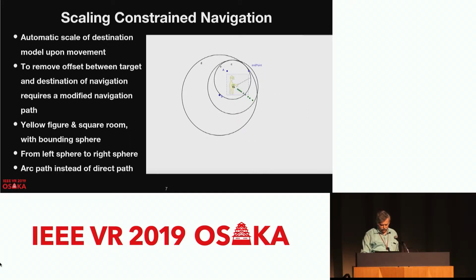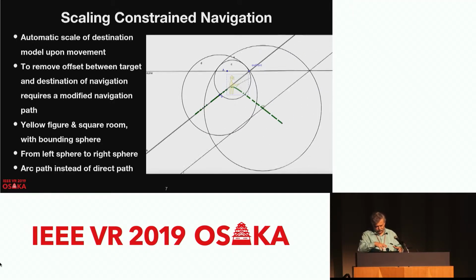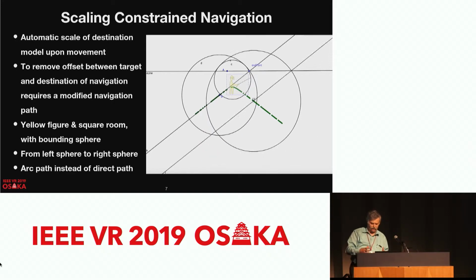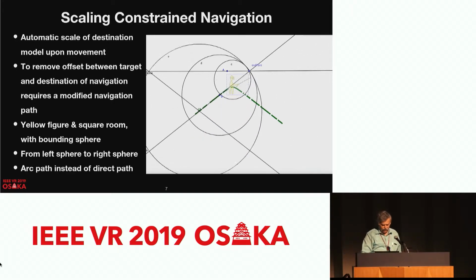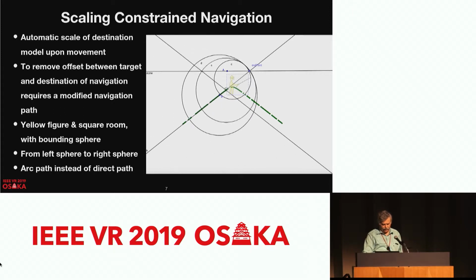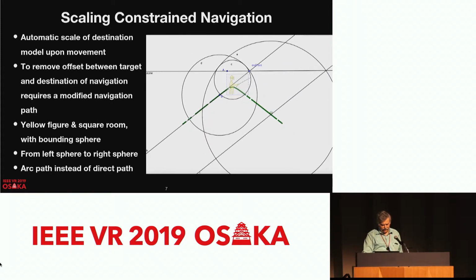We have to constrain the scaling in such a way as to remove offsets between the target sphere and the original sphere. For example, in this animation, I show the yellow figure inside this square room.